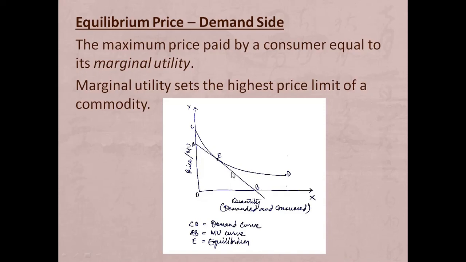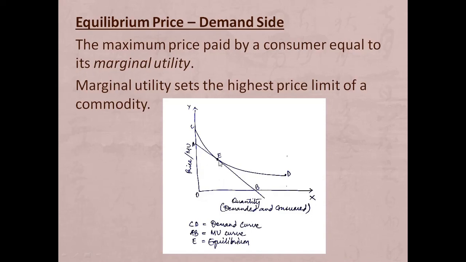Whenever they meet at this point E, that point E is the condition of equilibrium, and the prevailing price at this point of time is known as the equilibrium price. In your copy you can draw the same figure and just highlight the price. I forgot to highlight the price here, so just draw a rectangular box out here.